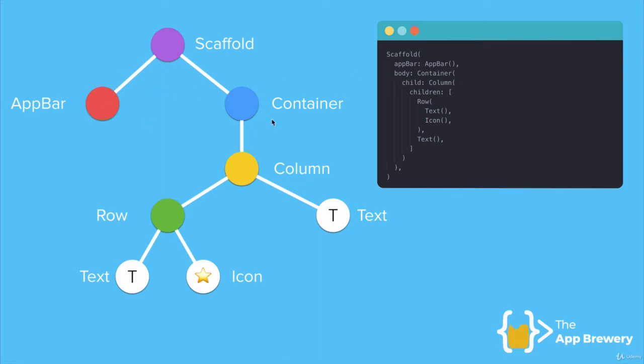Now, inside the parentheses for the container, so here is where it starts and here is where it ends, we have a column. Inside our column, we have two things, a row and some text. And inside our row, we have another two things, some text and some icon. And this is how you would represent this tree or this design in Dart code.